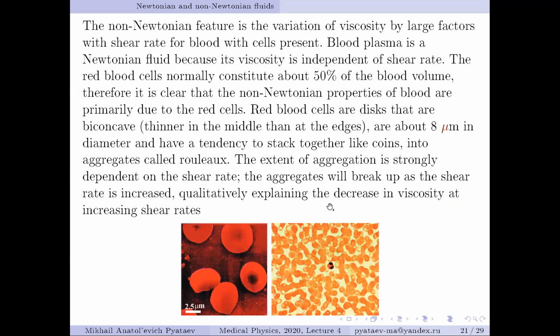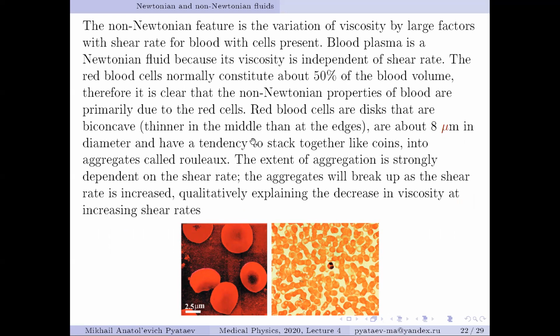But for the blood plasma, for the blood, this equation is not valid because red blood cells, which are the basic part of our blood, are not solid spheres. They have a biconcave shape, but what is more important, they are not solid.